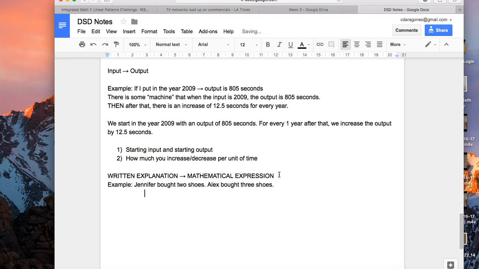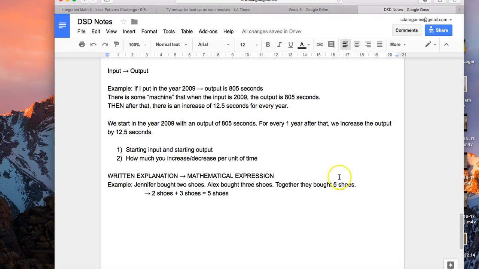To turn this into a mathematical expression, we know it's 2 shoes plus 3 shoes. Okay, together, let's add this. Together, they bought 5 shoes, right? So the written explanation is Jennifer bought 2 shoes, Alex bought 3 shoes, together they bought 5 shoes. In math, we write it as 2 shoes plus 3 shoes equals 5 shoes, right?